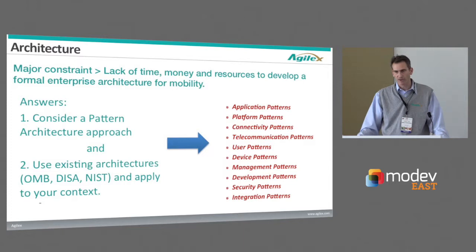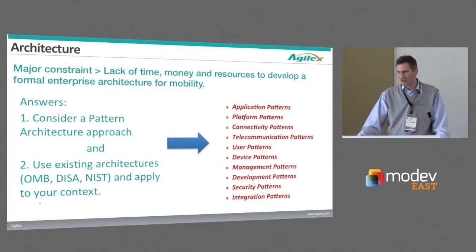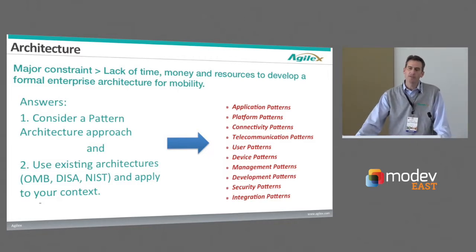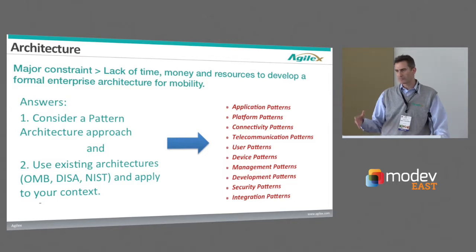Application patterns, whether it's mobile web, hybrid application, native, those are obviously known. There's connectivity patterns with SOA and web services, telecommunication patterns, for example, which is cellular, all the cellular spectrums, Wi-Fi. So you can develop these patterns that can be almost mix and match, like a Chinese menu, to architect mobile solutions.